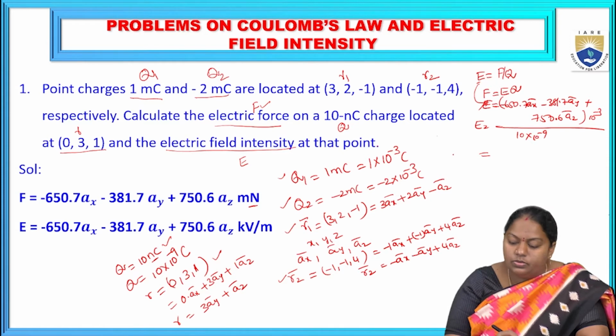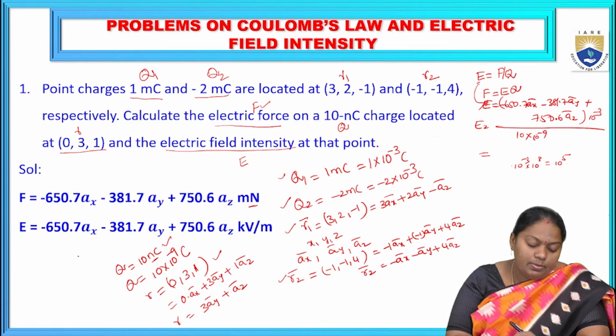So if you simplify the entire equation, in the denominator we get 10 power minus 8, and in the numerator we have 10 power minus 3. So 10 power minus 3 into 10 power 8 from the denominator becomes 10 power 5. Then all should be multiplied with hundreds.